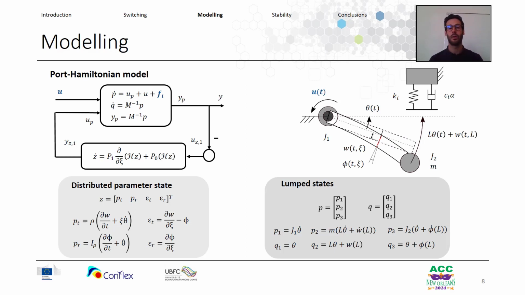And in particular, we want to remark the states P2 and Q2 that correspond to the linear momentum of the load at the x equal to L side of the beam, and to the linear distance between the load and the environment, and therefore it is this variable that gives us the condition if the load is or is not in contact with the external environment.